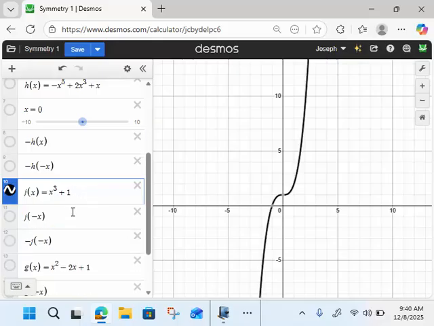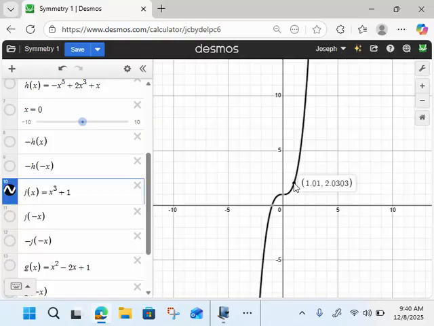Let's see how I can say that. The left side is not the negative of the right side. Look, if I plugged in 1 here, 1 cubed is 1 plus 1 is 2. So if I plug in 1, I get 2. But if I plug in negative 1, I don't get negative 2. I get 0. Right?